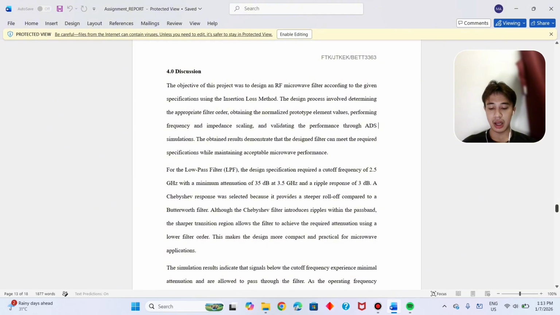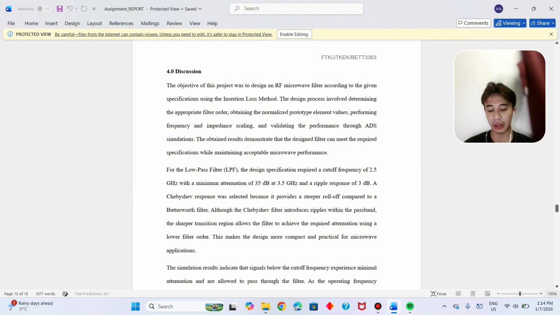For the low pass filter, we selected a Chebyshev filter because it provides a steeper roll off than a Butterworth, although there are small ripples in the pass band. The simulation shows that frequencies below 2.5 GHz passed through with very little loss, while frequencies above the cutoff were highly attenuated.